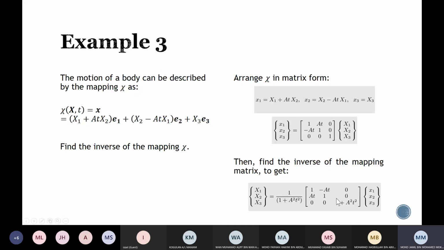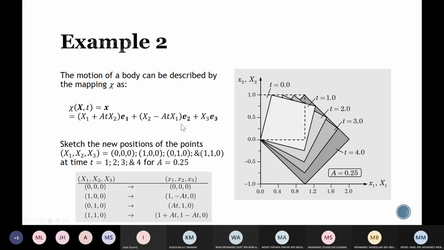Okay, so let's say you are given this question, where you are given big X1, X2, and X3. Now what happens if you are given small x1, small x2, and small x3? So let's say 3, 5, 3.